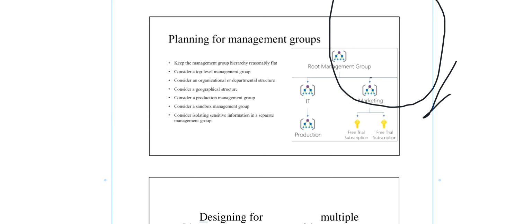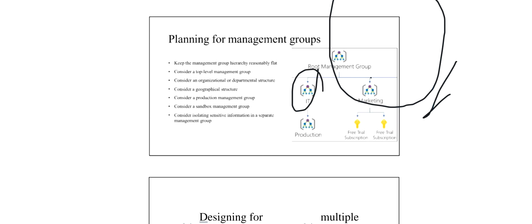So if I have a group of administrators that need some level of access to both of the subscriptions here, I can assign my role at the management group level. That will be a possibility if I have another subscription under the IT management group. Maybe I have a few subscriptions under that.